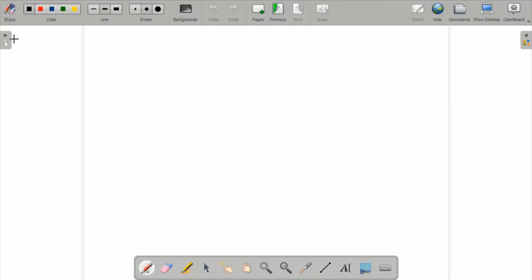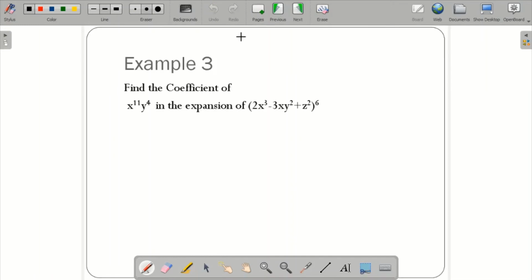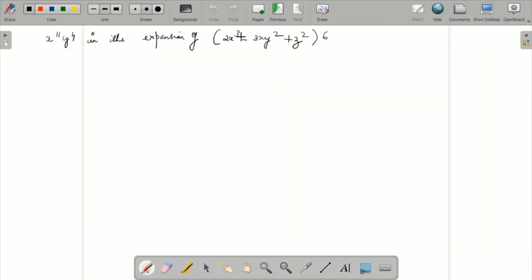The question is x to the power 11 y to the power 4 in the expansion of 2x cube minus 3x y square plus z square to the power 6.